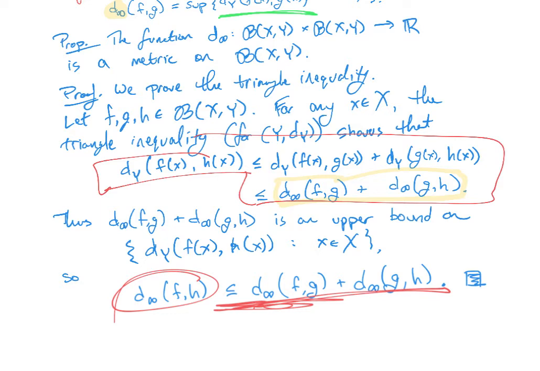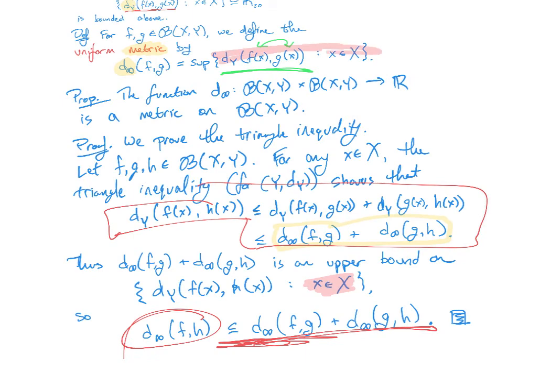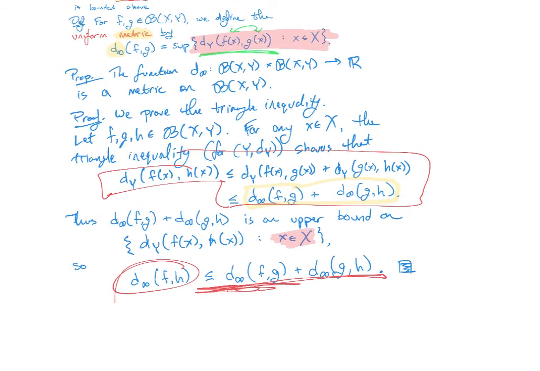And then there's- That's a set. Right. Okay. That's a set for all x, and that's the set in the definition of D infinity. So since this is an upper bound for this set, the supremum is less than or equal to it. Yep. Okay.